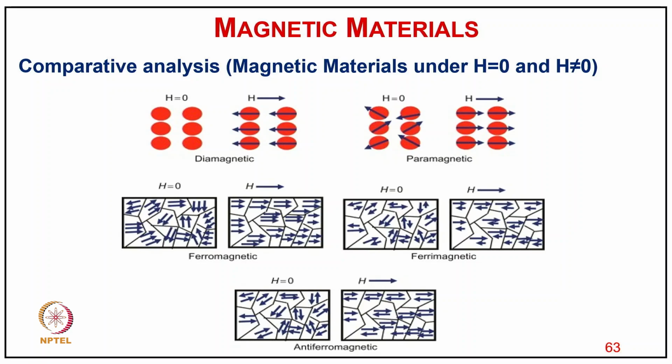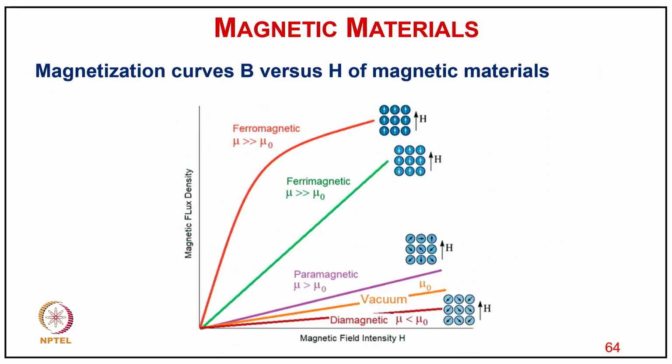You can see the orientation in ferromagnetic, ferrimagnetic and antiferromagnetic materials without the field applied and with the field applied. Now the magnetization characteristic, which we call B versus H, of a magnetic material.